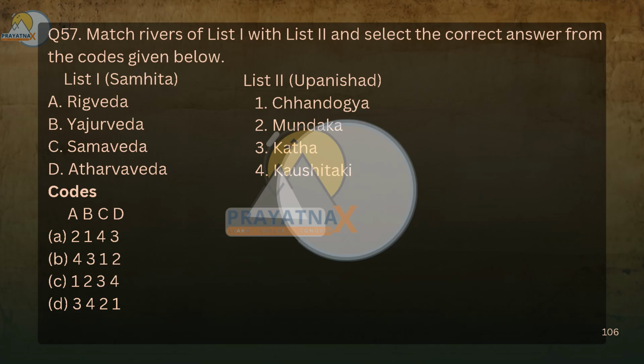Now this has been done a many number of times, so the correct answer for this would be option number B is related to 3, C is related to 1, and D is related to 4. So the correct answer for this would be number B.